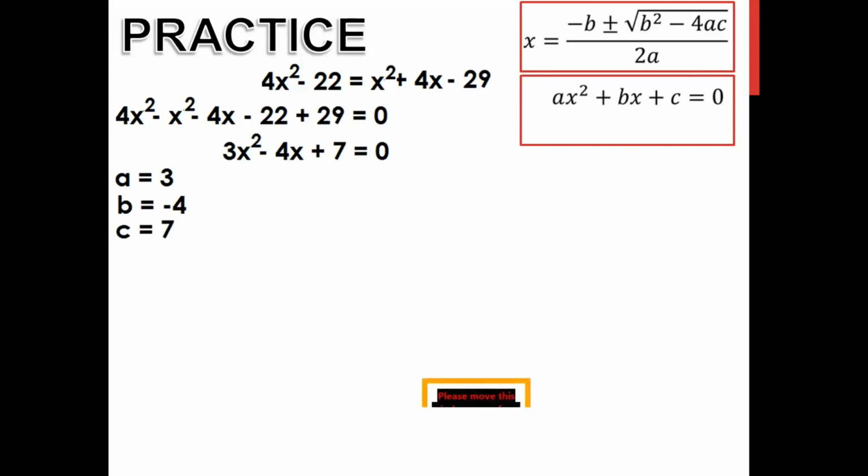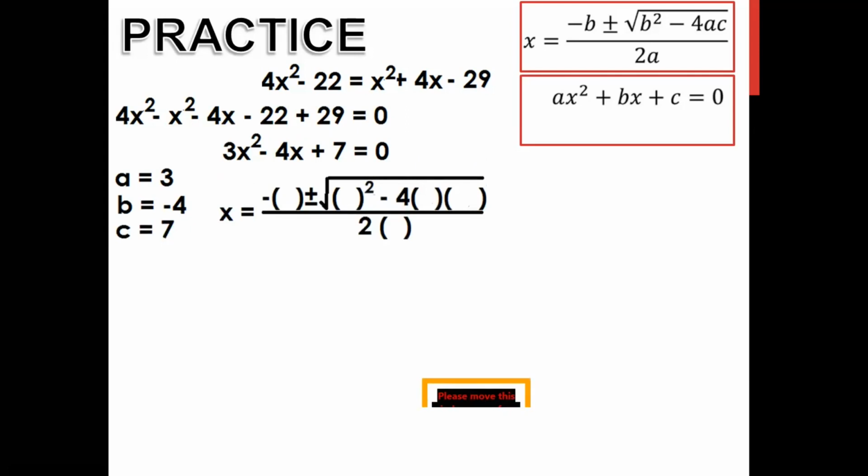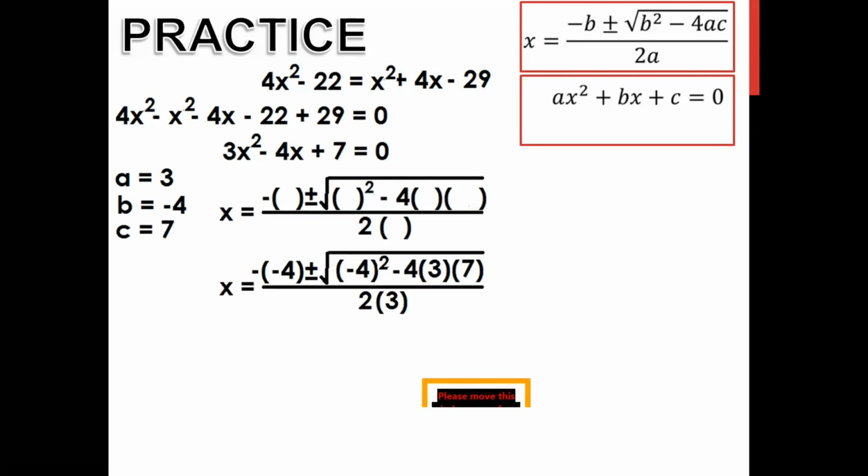Then substitute in our equation. Okay, we have negative 4. Then simplify the equation. Follow the operation. So we can get 4 plus or minus square root of negative 68 over 6.